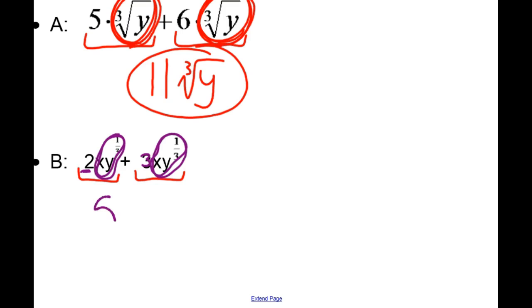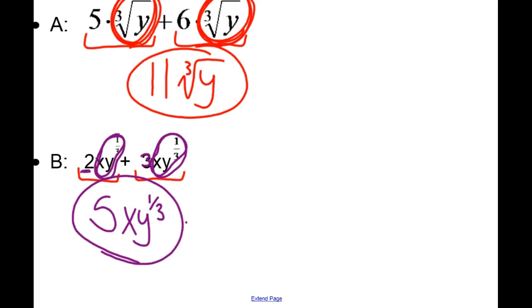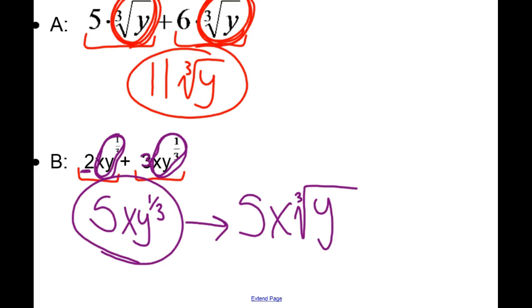So when I put those together, it would give me 5 of those things in my circles. You could rewrite this then as 5x times the cube root of y to the first power.